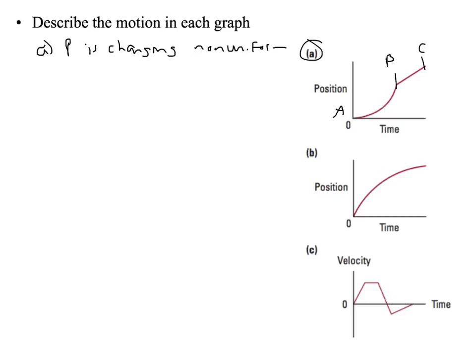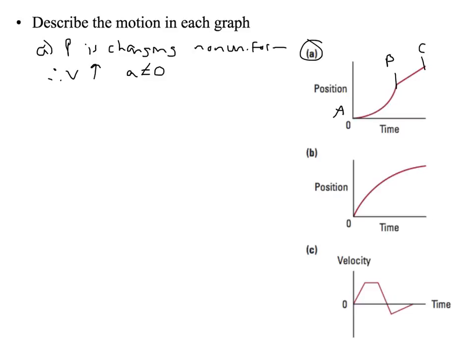In this case, since we have an increase in position with time, we would say therefore v is increasing, velocity is increasing as the object accelerates. So we would say that acceleration is not 0.